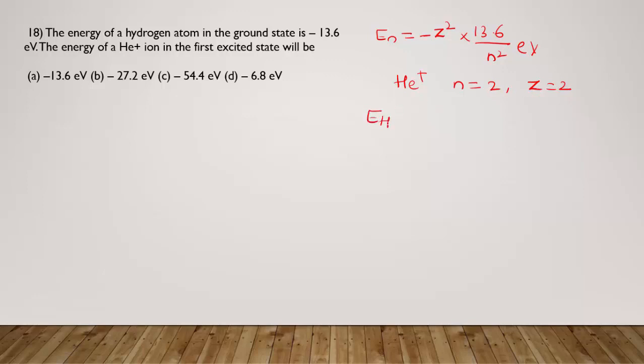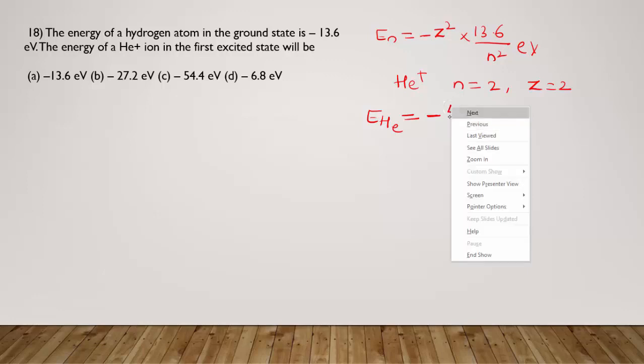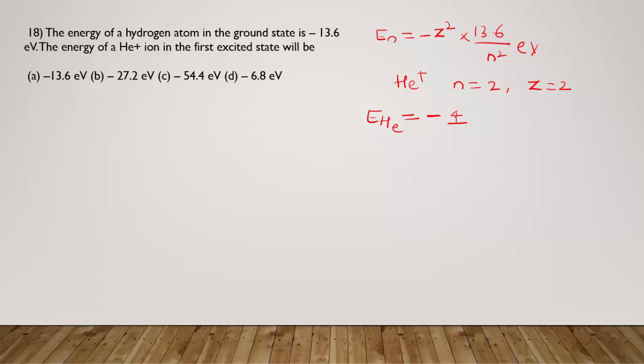The energy of a helium ion in the first excited state is equal to minus Z square, that is 4, into 13.6 divided by N square, that is also 4.